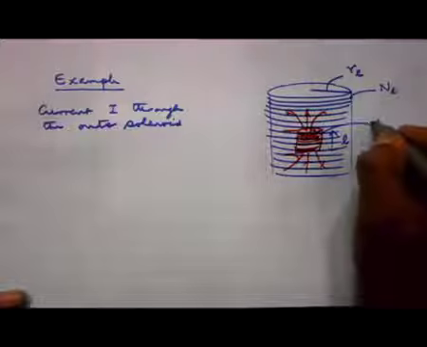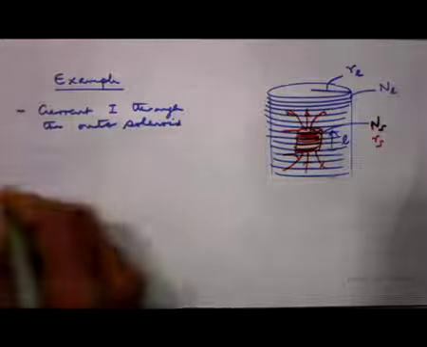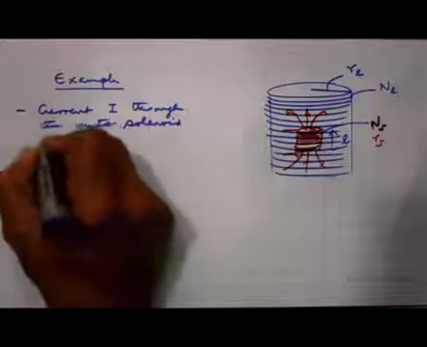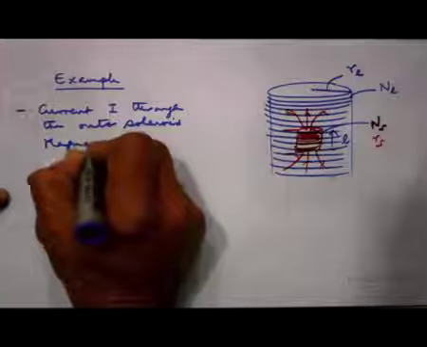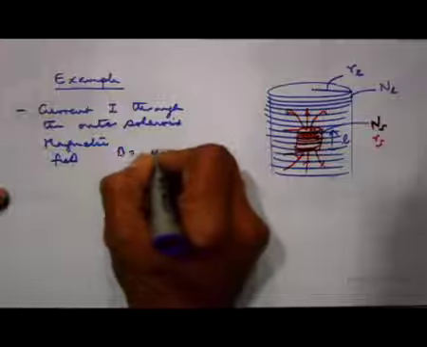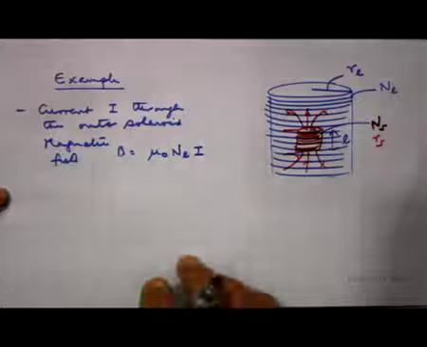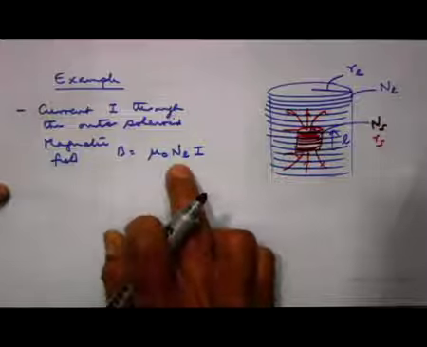So, the number of turns per unit length of the shorter solenoid is NS, the radius of the inner solenoid is RS and RL. So, for a current I through the outer solenoid, the magnetic field is equal to mu naught NL I, mu naught times the number of turns per unit length times the current.